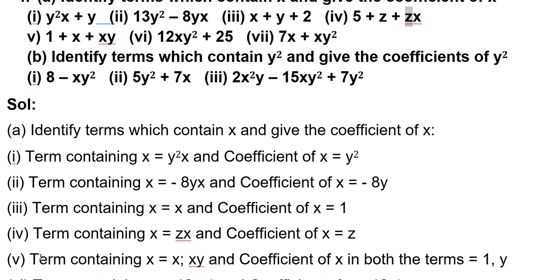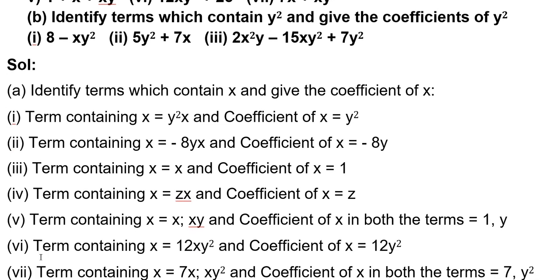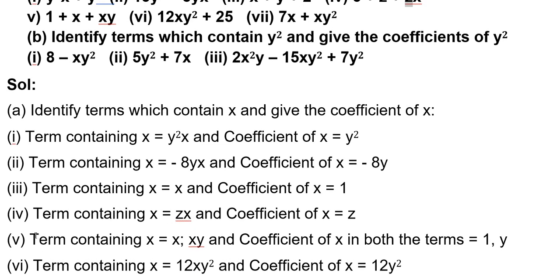Fifth problem, the terms containing x are x, xy. So the coefficient of x in both terms is 1, y. Sixth problem, the term containing x is 12x y square.